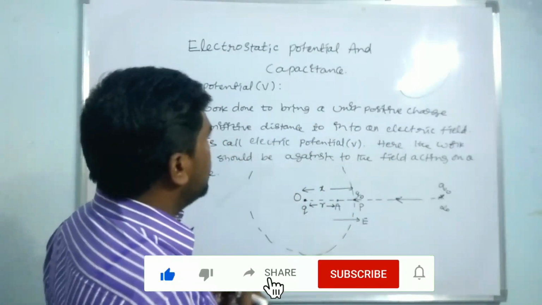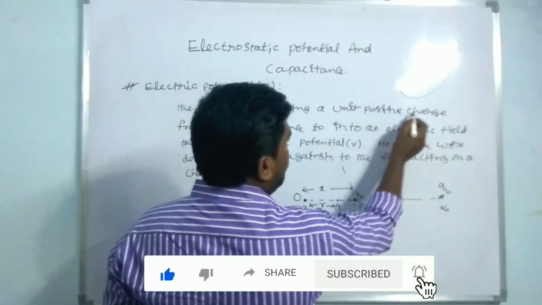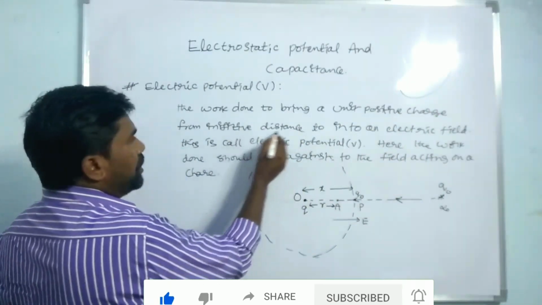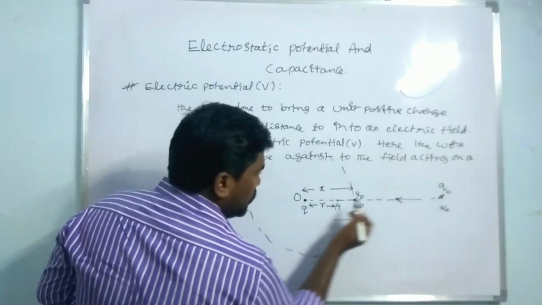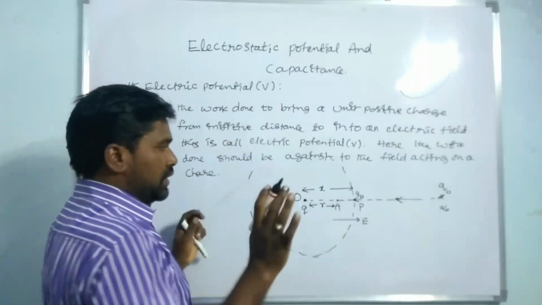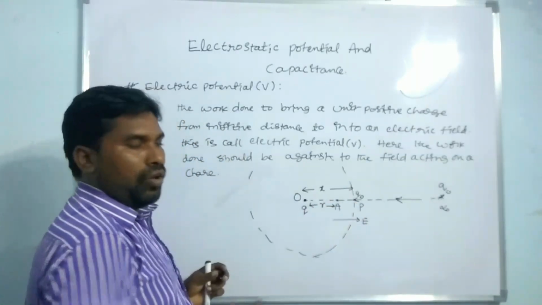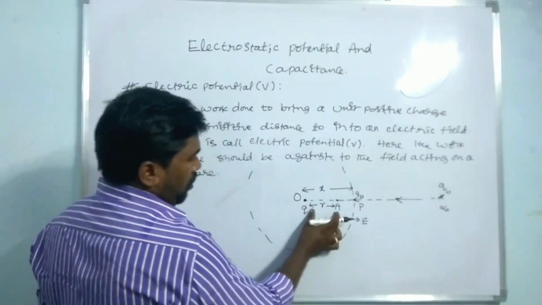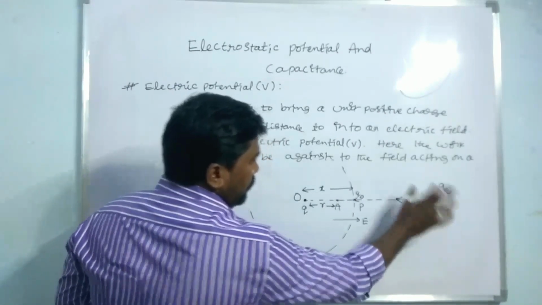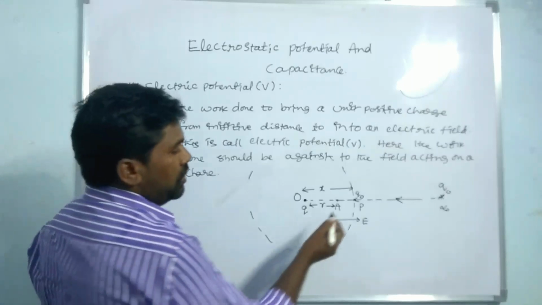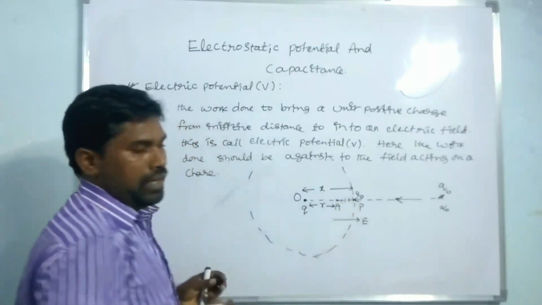Our aim is the work done to bring a unit positive charge from infinite distance into an electric field. Not up to the field, into the field. How much distance into the field? That is R. From where do we bring the charge? Infinite. Now the work done we have to separate into equal parts.